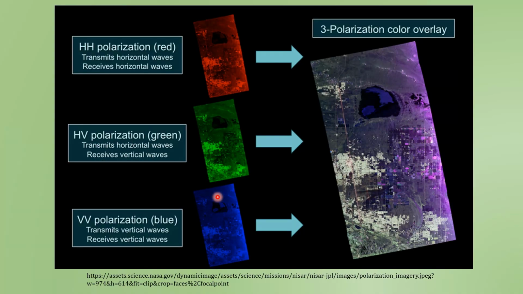And the blue one represents the VV polarization, meaning the system transmits and receives vertical waves. So when we have data from different polarizations, a three polarization color overlay can be generated for better understanding of the terrain. So this was all for part 1, the basics of microwave remote sensing.